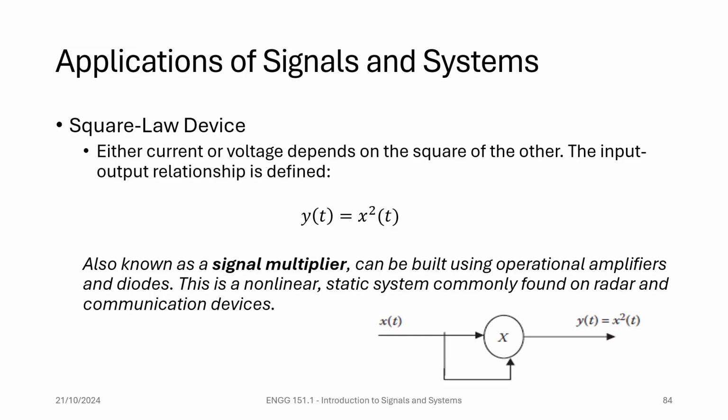It is like a feedback system, but the second input does not come from the output. It still comes from the input; the signal was just split, like it was cloned. That's what we call a square law device.